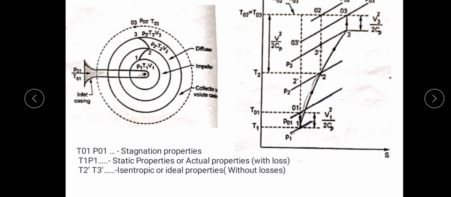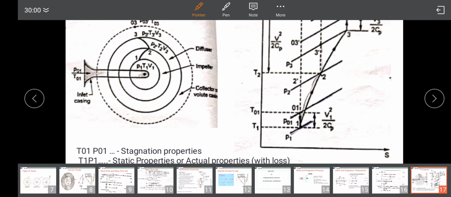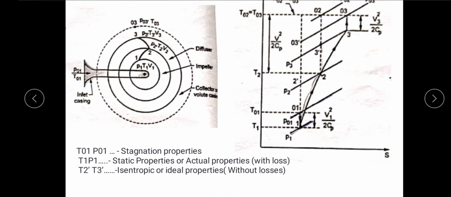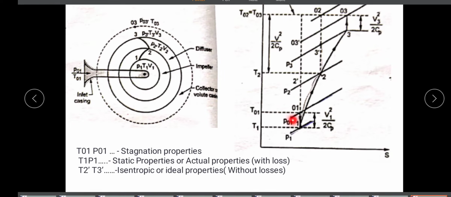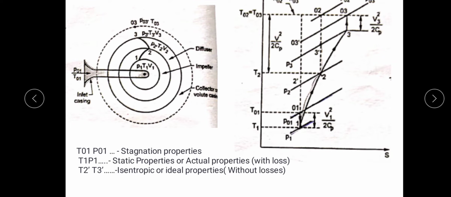To draw the air from the atmosphere to the impeller, the P1 pressure, the inlet pressure to the impeller, should be less than the P01 pressure. Again the basic fluid mechanics principle: fluid always flows from high pressure to low pressure. So P01 should be higher than P1.